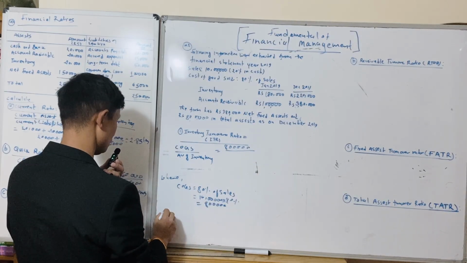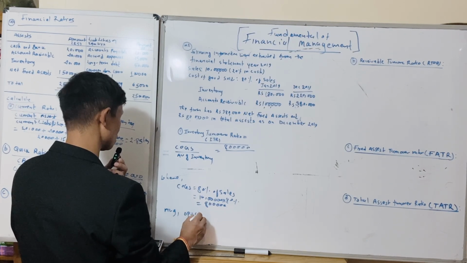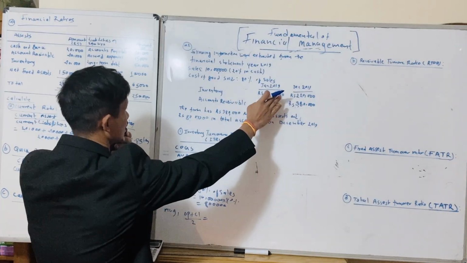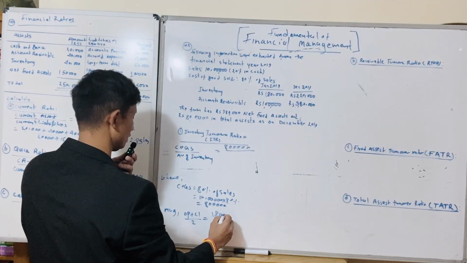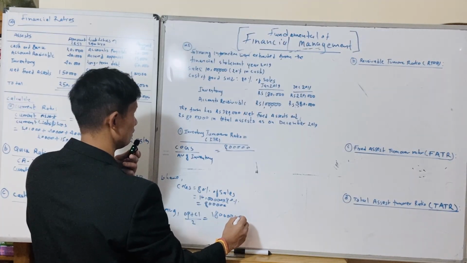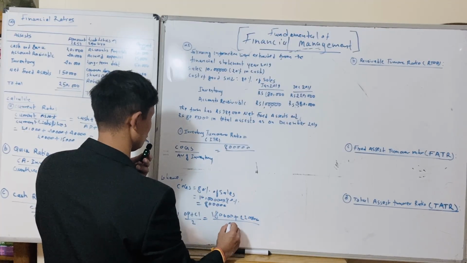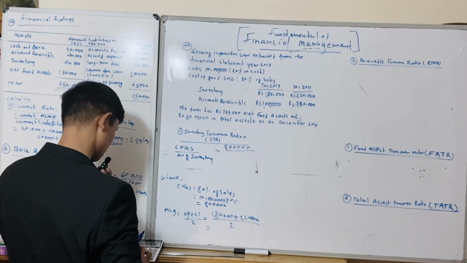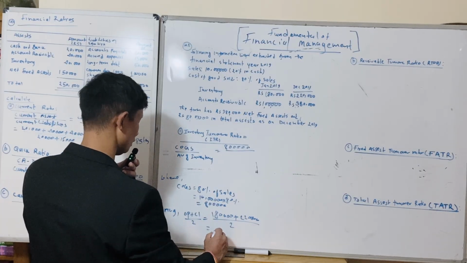Average inventory we can find as opening inventory plus closing inventory divided by 2. Opening inventory, given in January 2019, is 1 lakh 80,000, plus closing inventory of 2 lakh 20,000, divided by 2. So we get 180 plus 220 divided by 2, which is 200,000.